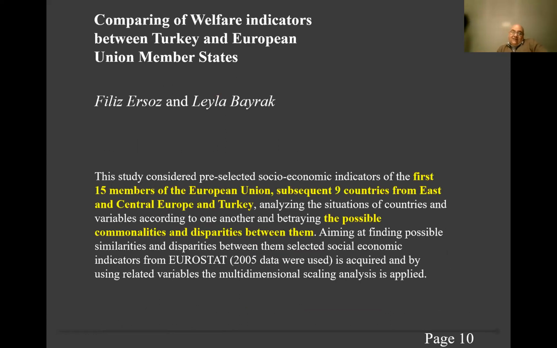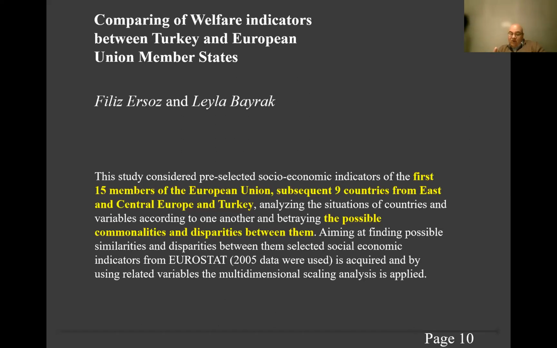Ersöz and Bayrak are using a lot of variables, and they are comparing 24 countries, most dissimilar systems. They are using too many variables, and the countries are classified based on similarities.